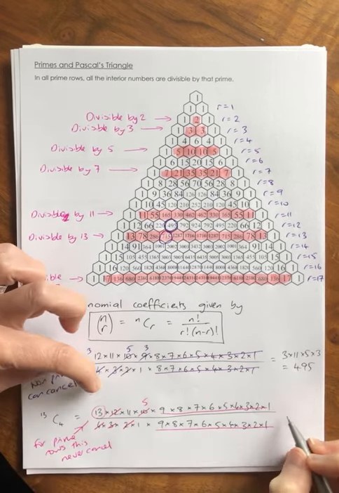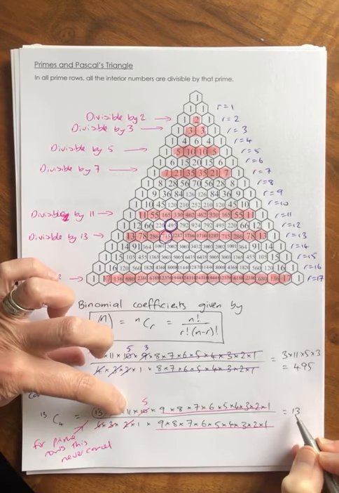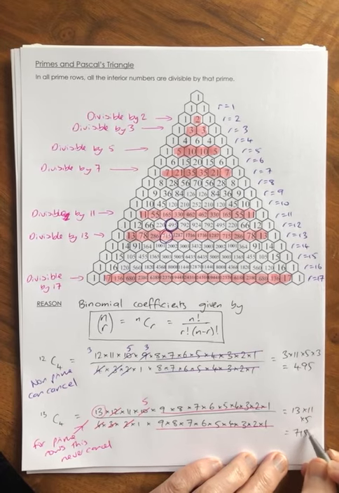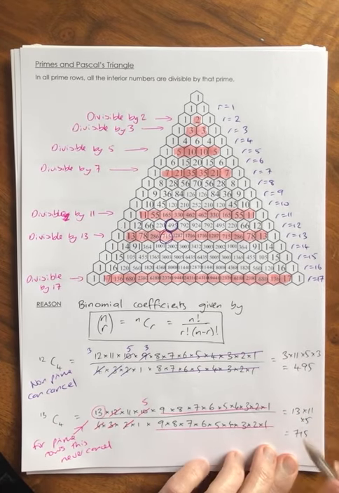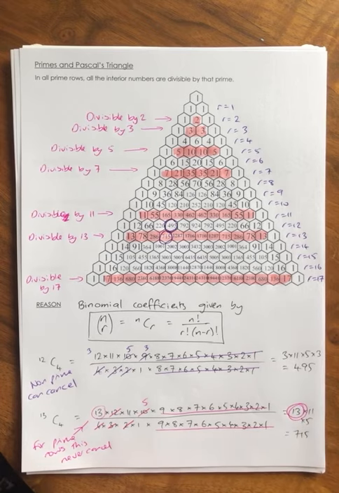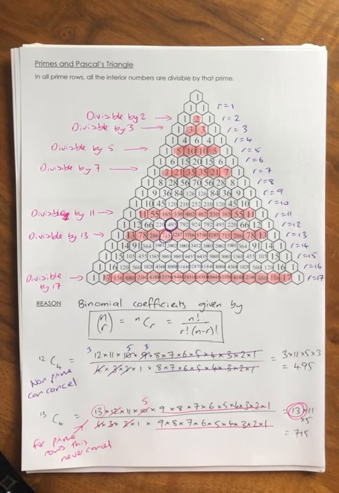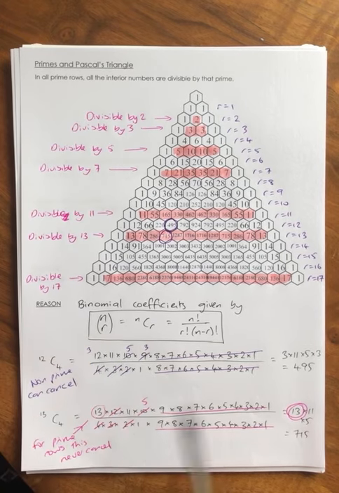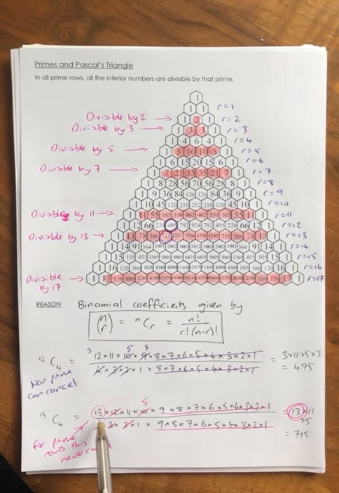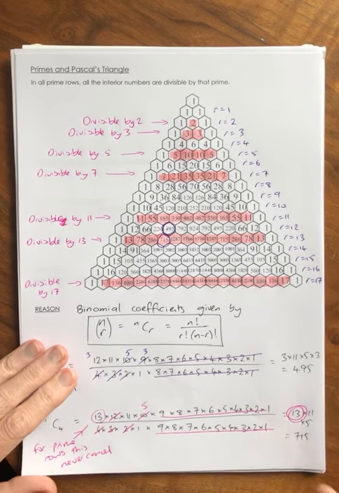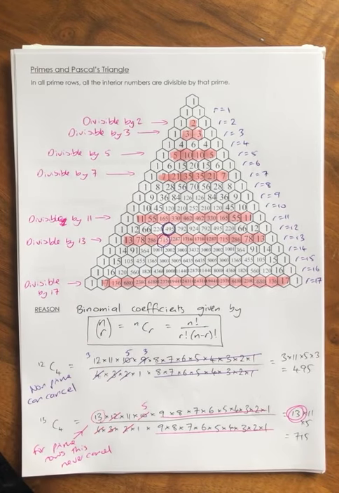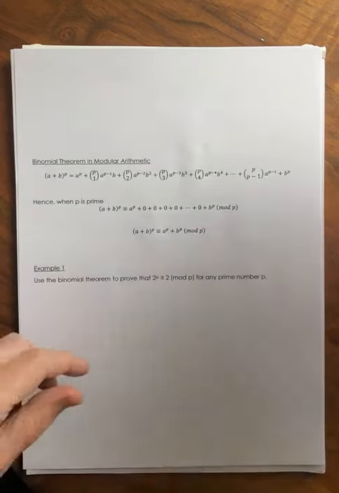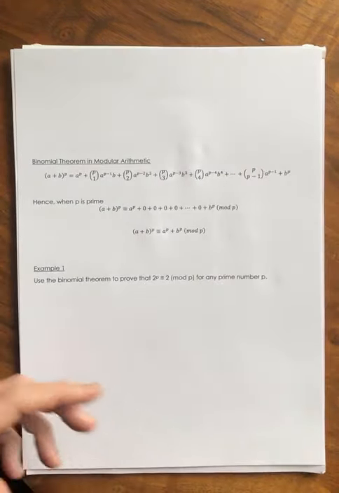And so I'd be left here with 13 times 11 times 5, which gets me 715, but that's not important. The crucial thing is this 13 isn't going to cancel. It's never going to cancel. Here, that 12 can have cancelled. But there, that 13 never can. So we obviously need to think about why that's working.